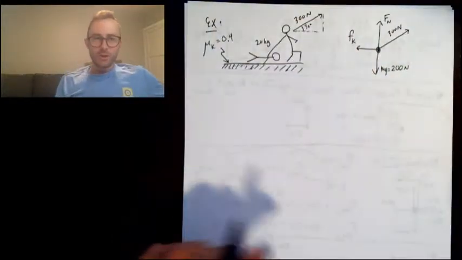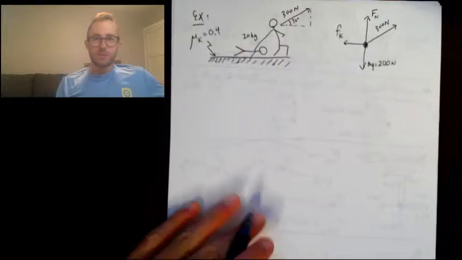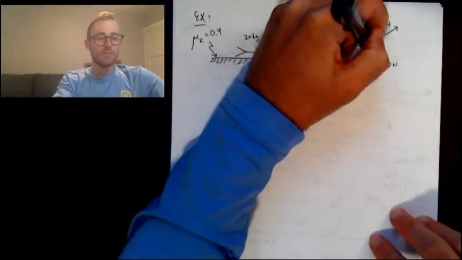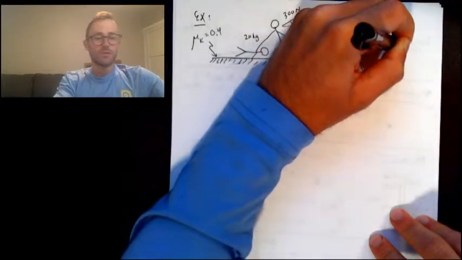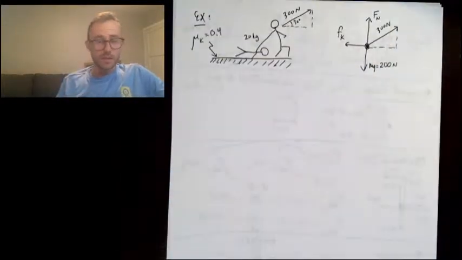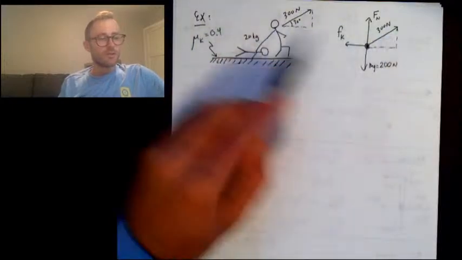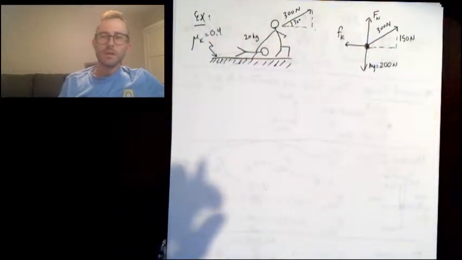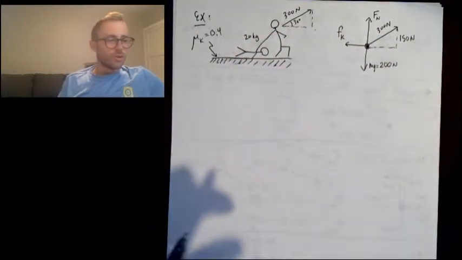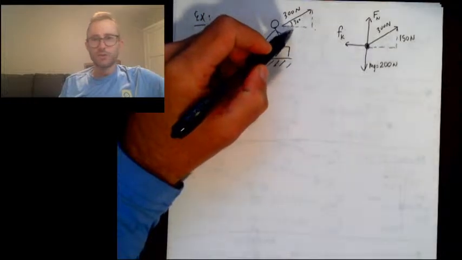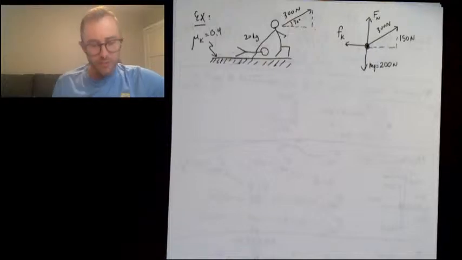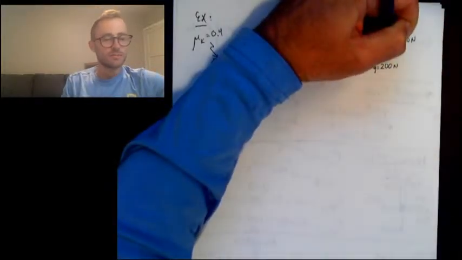Okay? So the first objective after we've done the free body diagram is we want to take any diagonal forces and we want to write them as a vertical force and a horizontal force. Okay? So the vertical component is going to be 300 sine of 30, which is 150 newtons. The horizontal force is going to be 300 cosine of 30, which is 260 newtons.